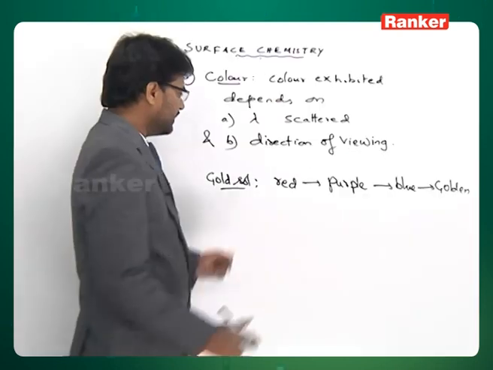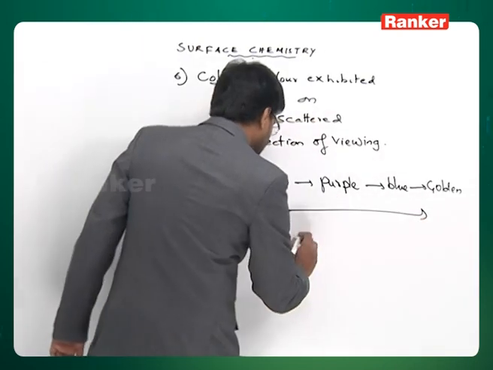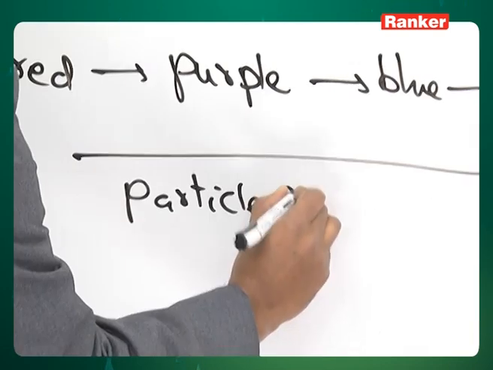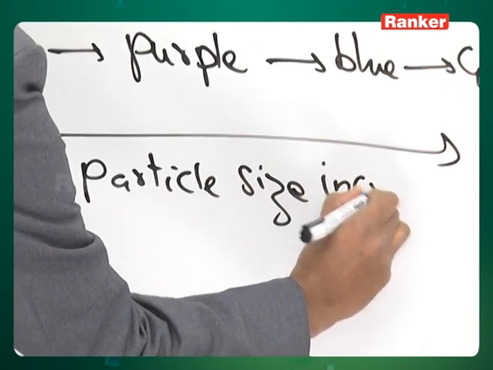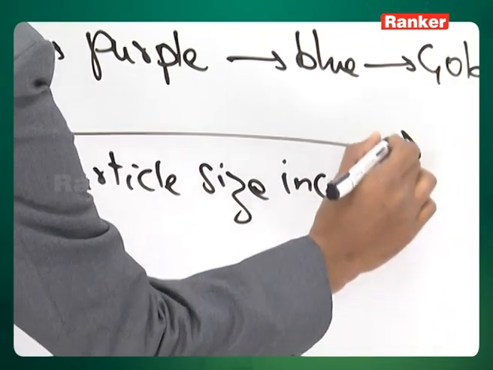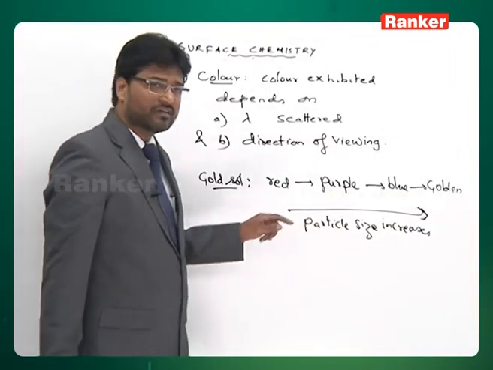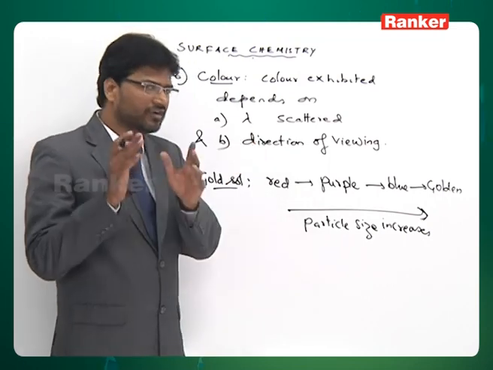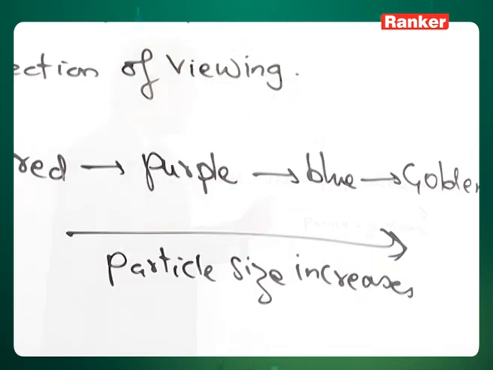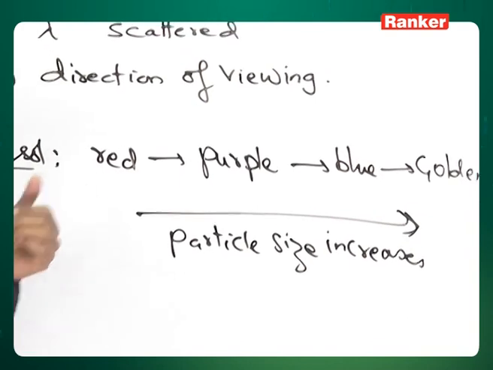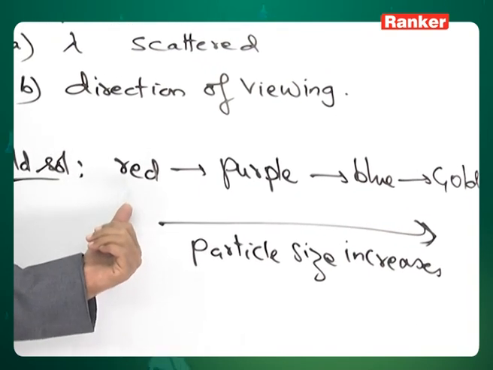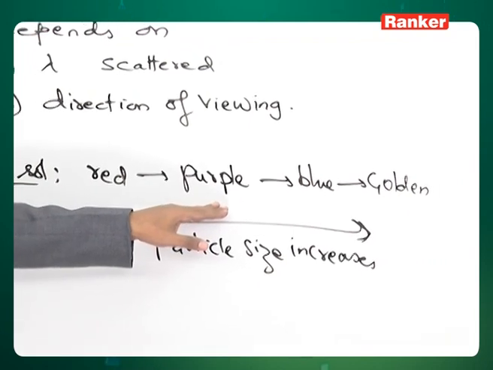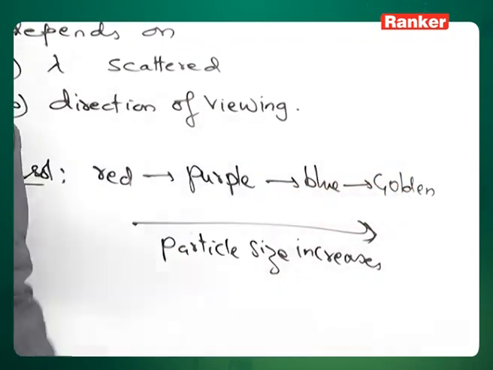So from here to here, particle size increases. You can realize that the color of a colloidal solution depends on the particle size, which will decide what wavelength gets scattered. So if the particle size of gold sol is very small, then the gold sol will appear red. It may become purple as the particle size increases, then blue, and finally it appears golden.